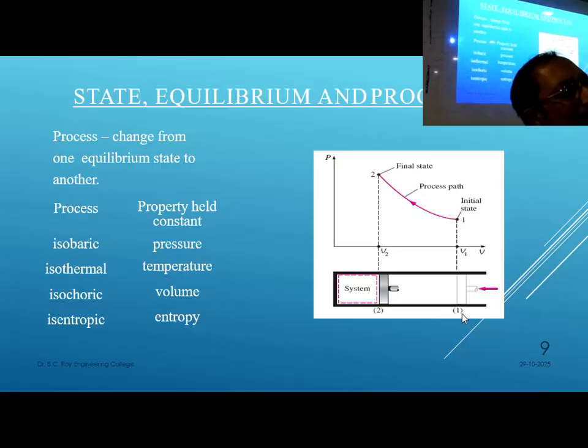But this is our experience over a long period of time. Thousands of years people are experiencing this thermodynamics. Maybe the name was not given, but people experienced the problem and solutions.